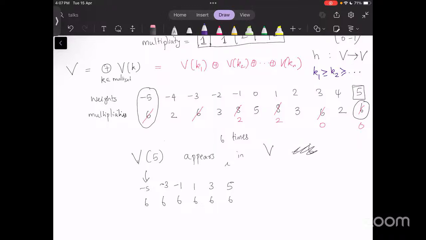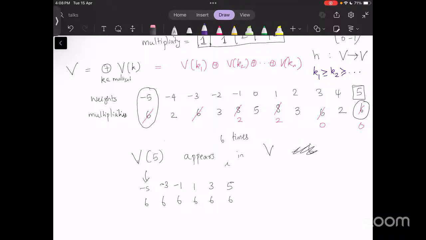What can you say about the largest weight of V? That should be the largest weight of V_K1. K1, exactly. So that is what we are doing.